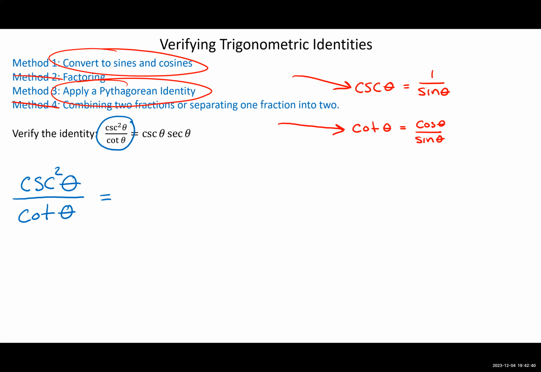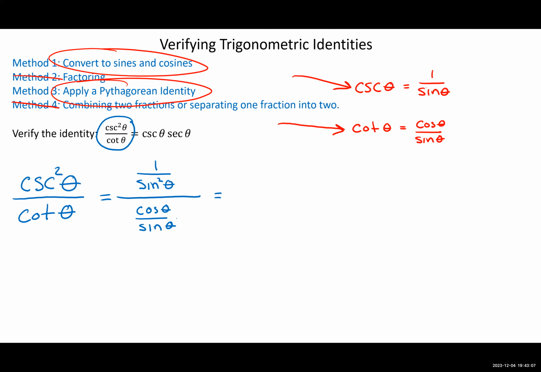So if cosecant is 1 over sine, then cosecant squared is 1 over sine squared. We've got cotangent on the bottom. Cotangent becomes cosine over sine. All right, we've got a compound fraction, but that's not a big deal. We know how to deal with that.